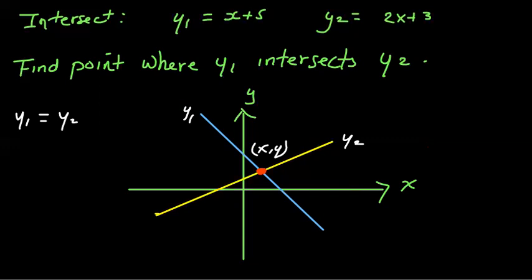So let's try this again. I have y1 is equal to x plus 5, and I have y2 is equal to 2x plus 3. Now, watch this.